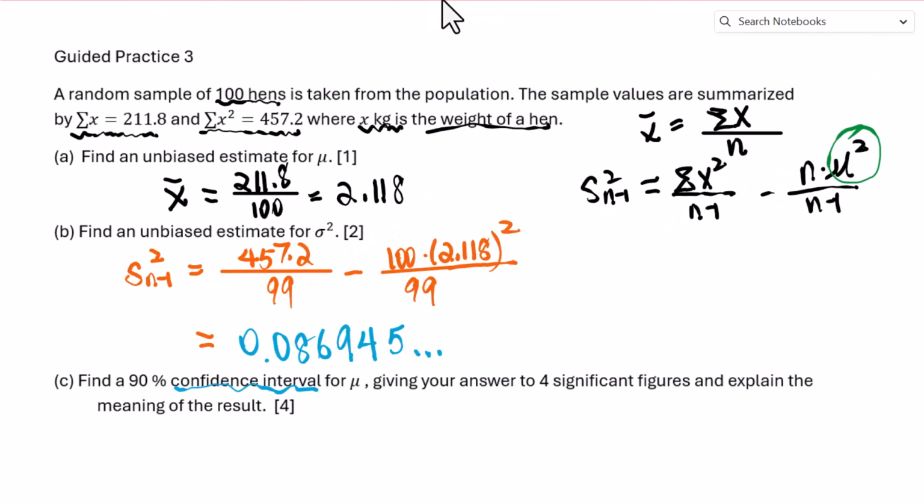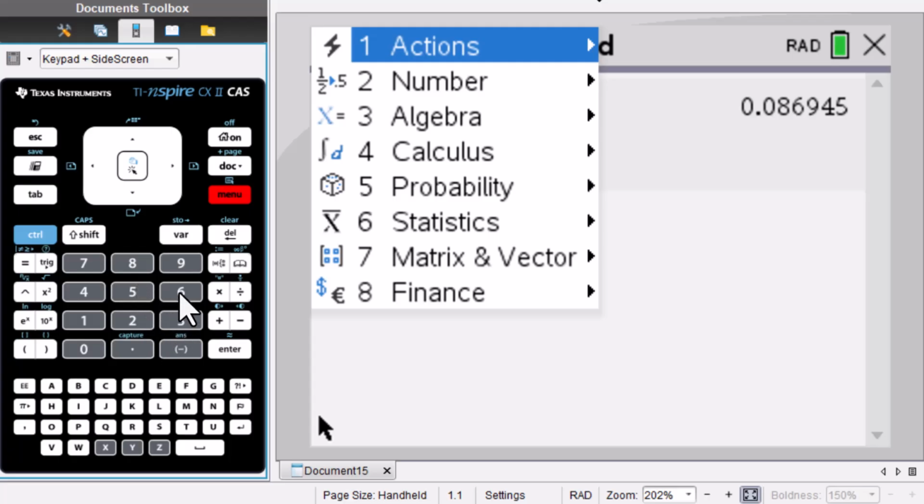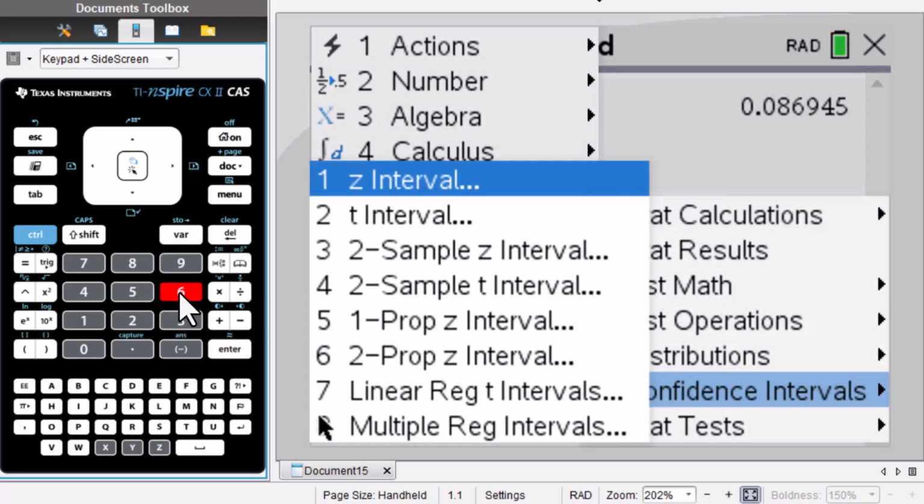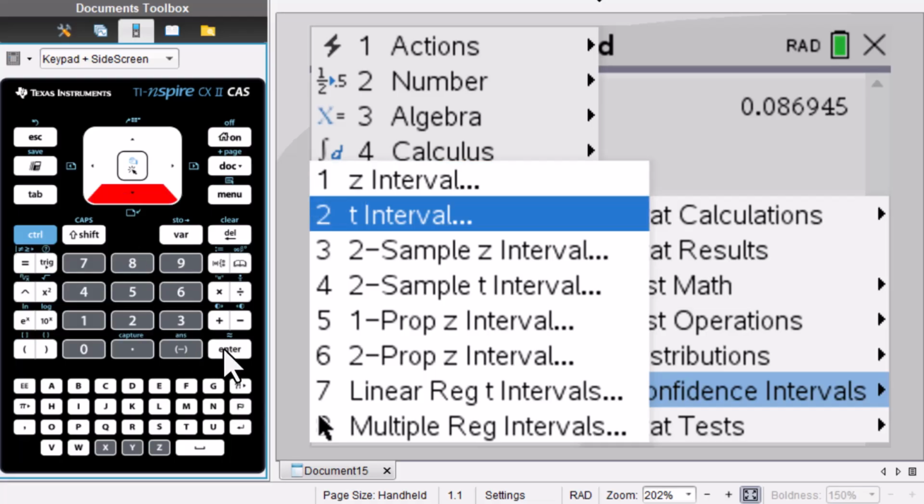C. Find a 90% confidence interval for mu, giving your answer to 4 significant figures and explain the meaning of the result. Menu 6. We have to use T interval because we are not given the population standard deviation.